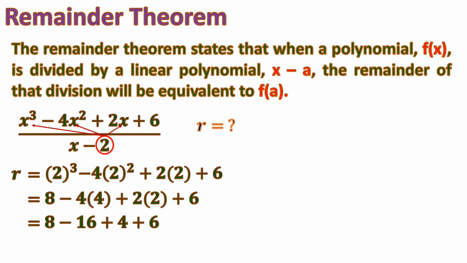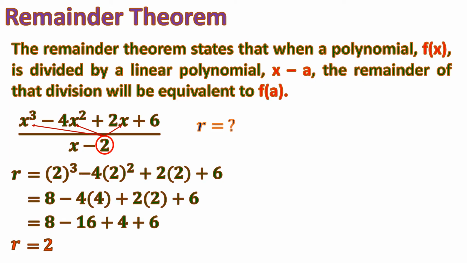Then we're going to solve now 8 minus 16 plus 4 plus 6. If you combine all those, it will be equal to 2. So that means if we divide x cubed minus 4x squared plus 2x plus 6 by x minus 2, the remainder will be 2. So that's how easy it is if you use the remainder theorem when finding the remainder.